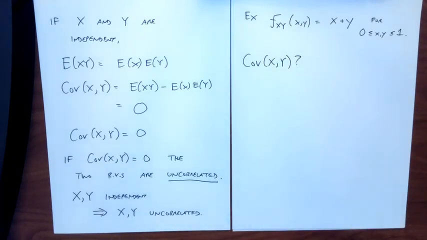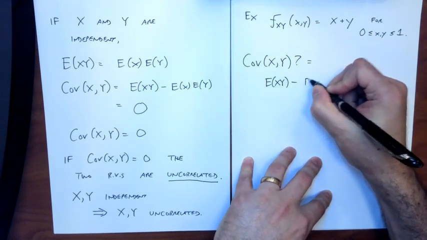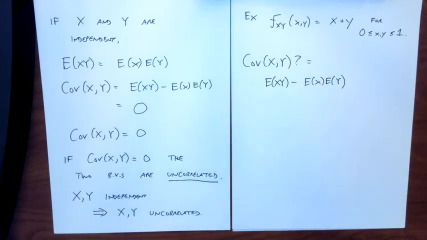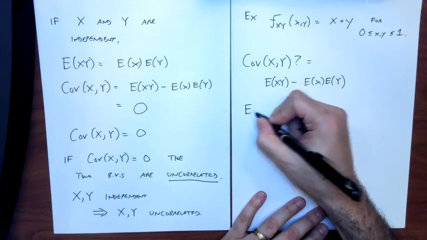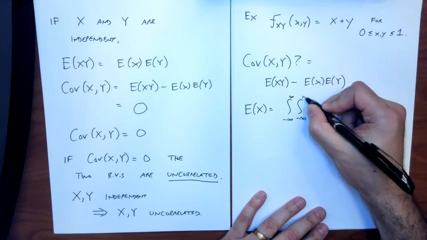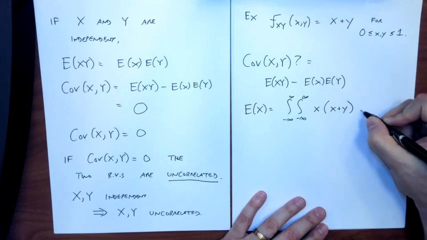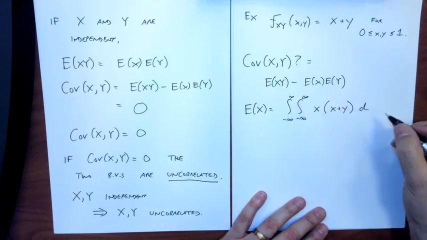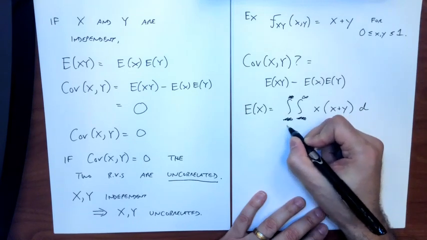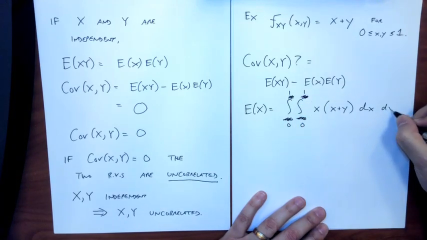Well, for this, I need to compute the expected value of xy, and I need to compute the means by themselves, okay? So it's a good experiment, right? So I can compute the expected value of x, which is going to be the integral of x times the joint PDF. Well, I can already just substitute these, from 0 to 1, because I'm doing the real PDF.